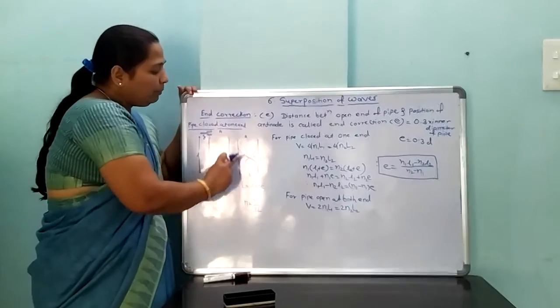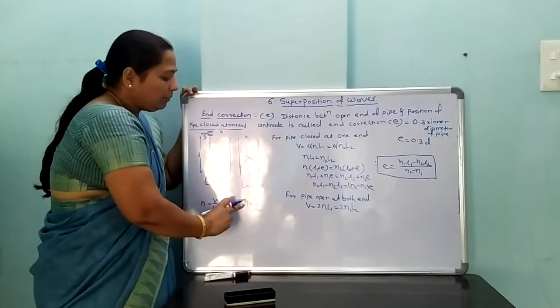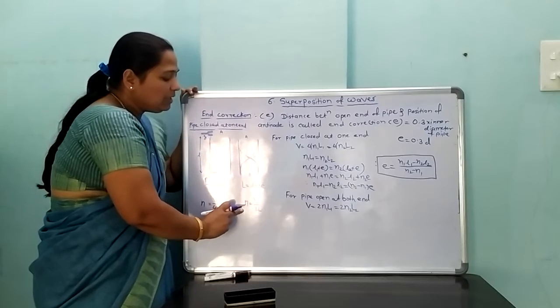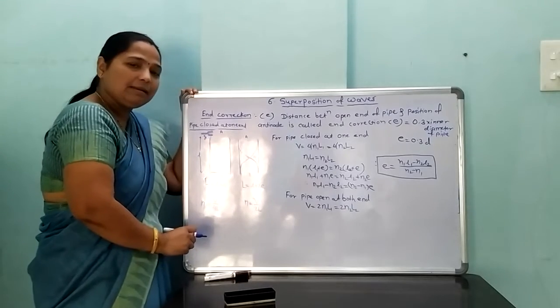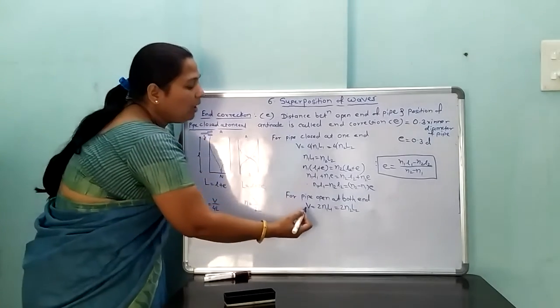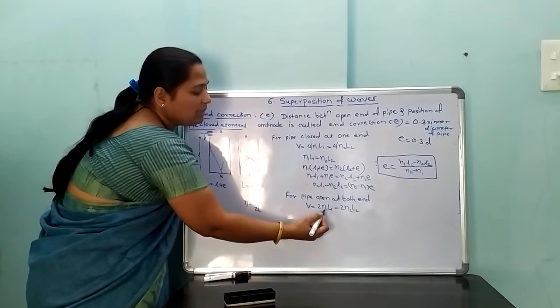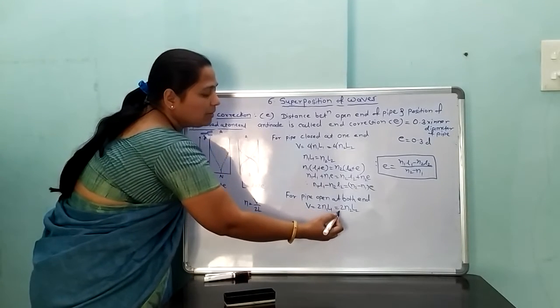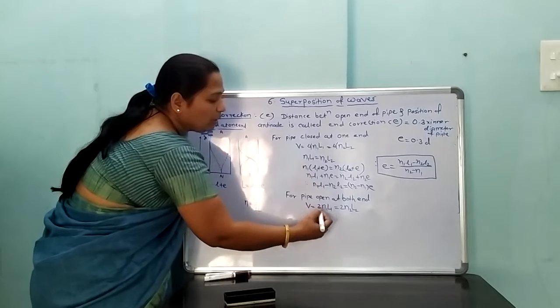When the pipe is open at both ends, the fundamental frequency N is equal to V upon twice L, where V is equal to twice N1L1 is equal to twice N2L2, and the twos get cancelled.